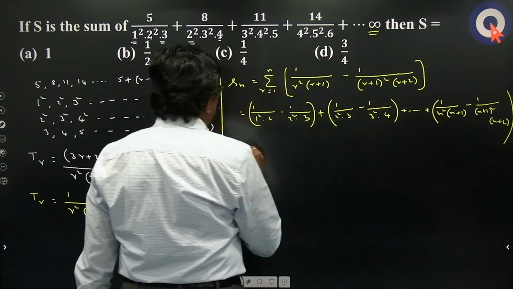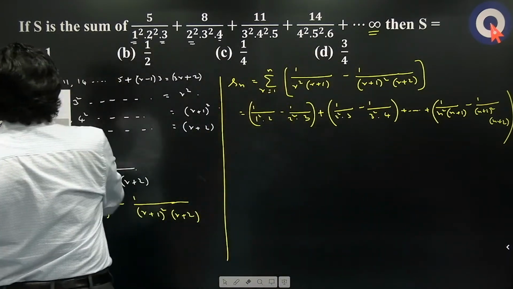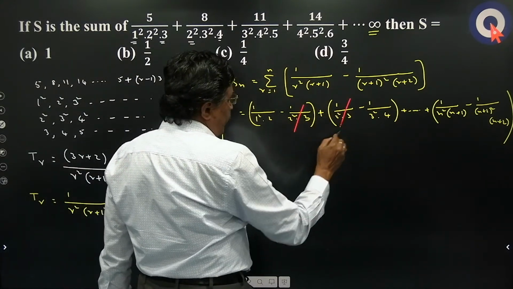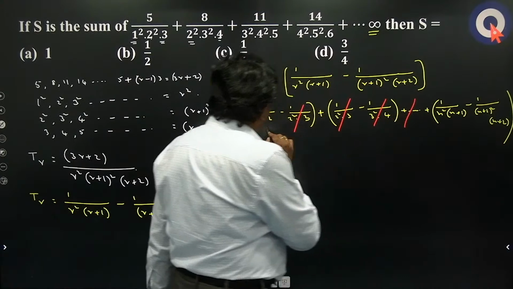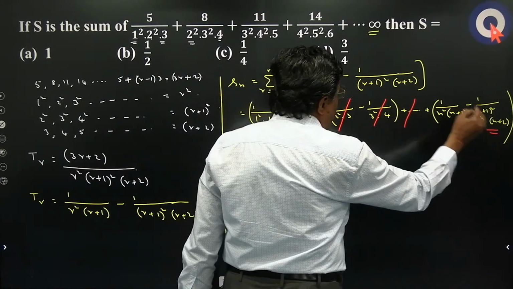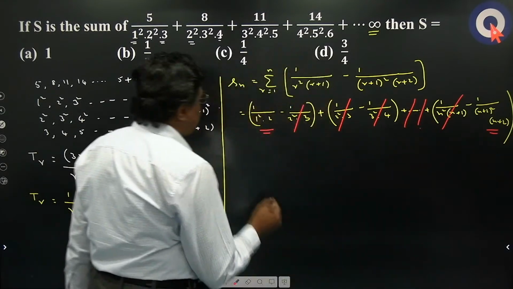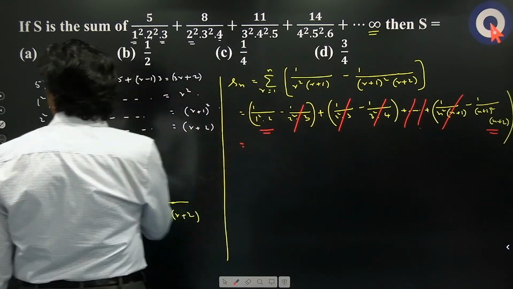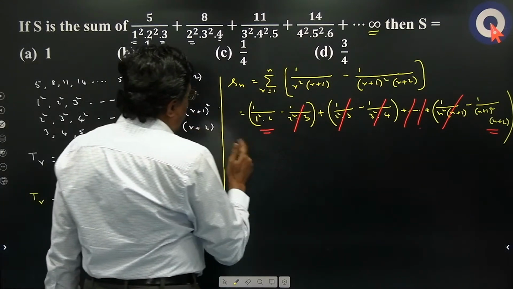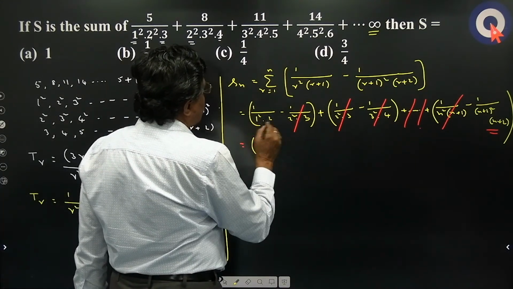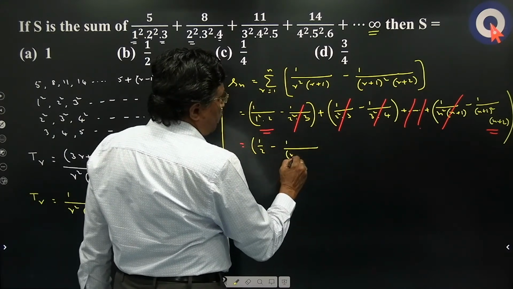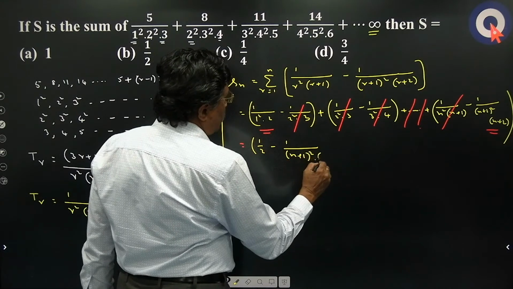So now you can see these terms get cancelled telescopically. If the first term remains, here the last term will remain. So these terms will get cancelled. So what you get here is 1 by 1 square into 2, which is half, minus 1 by n plus 1 whole square into n plus 2.